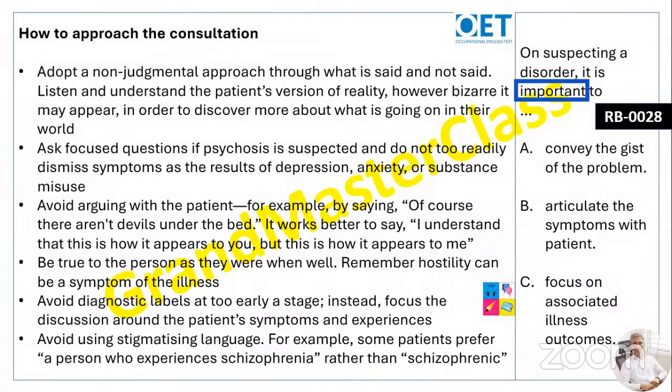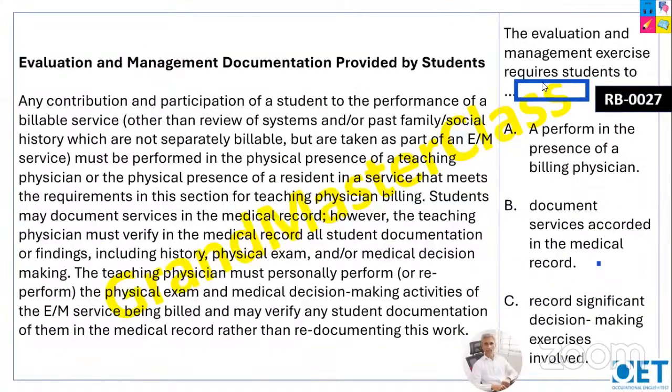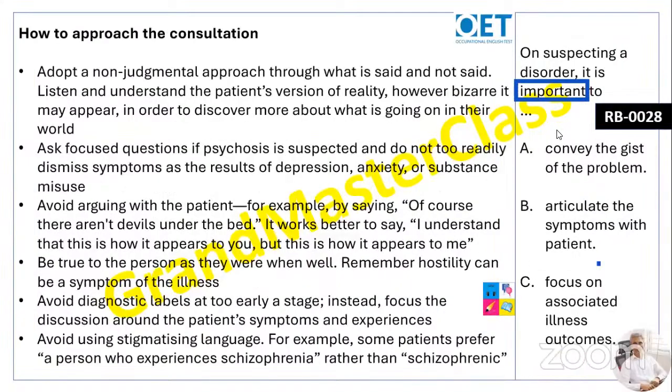So it is important. Important means you have to give importance. This is related to the previous question. Requires means must. Important also means must. Requirement, important. If it is important, that means it is a must.